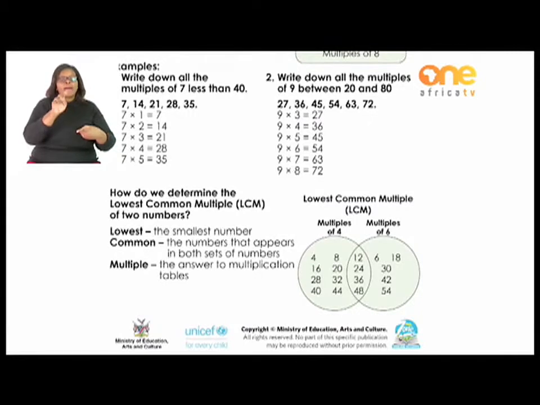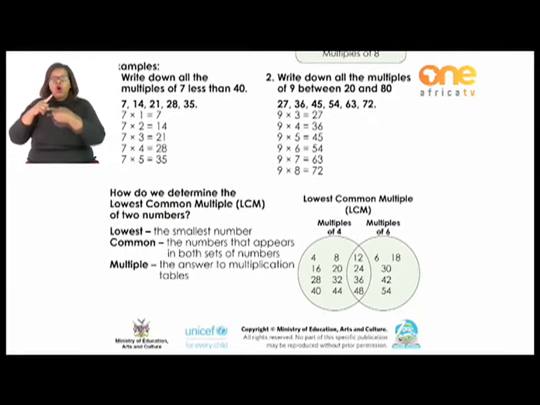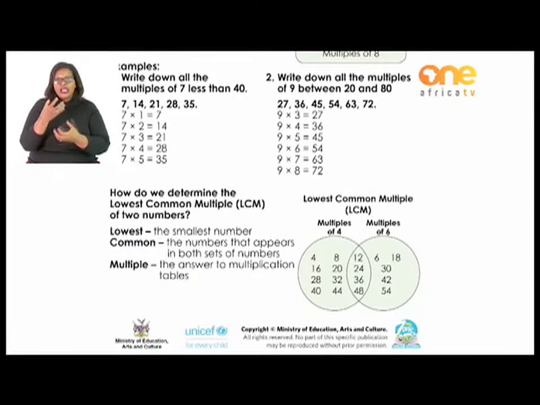In our example there, we have two sets of multiples. We have the multiples of 4 and the multiples of 6. So we have to find the LCM. In the multiples of 4, we have the set of numbers 4, 8, 12, 16, 20, 24, and it continues.